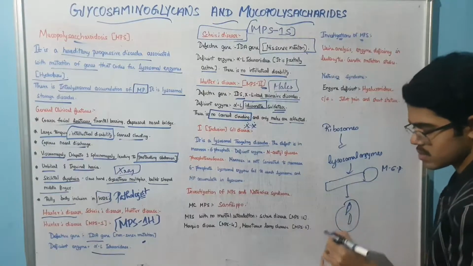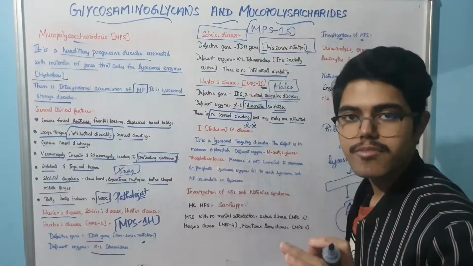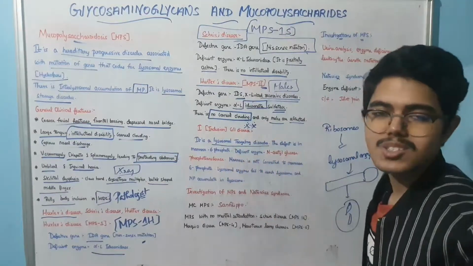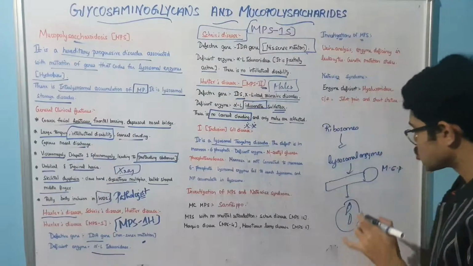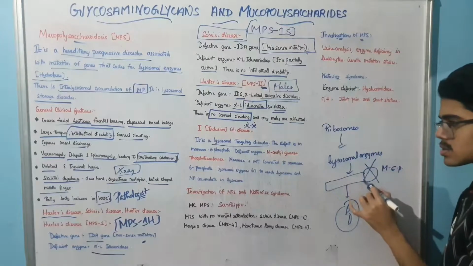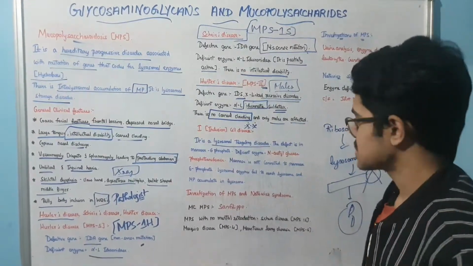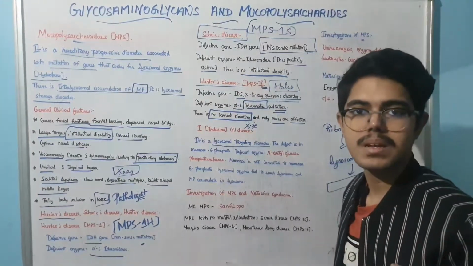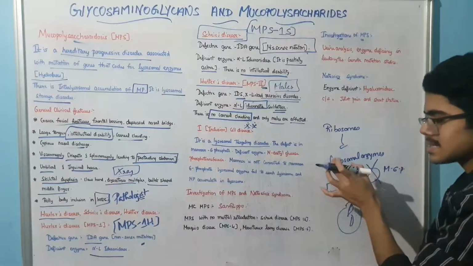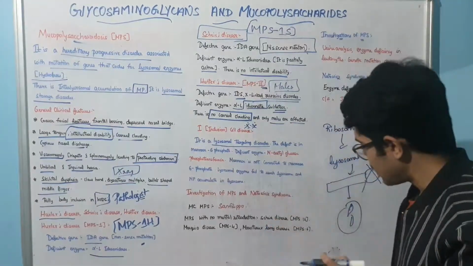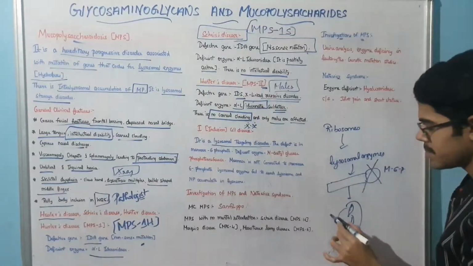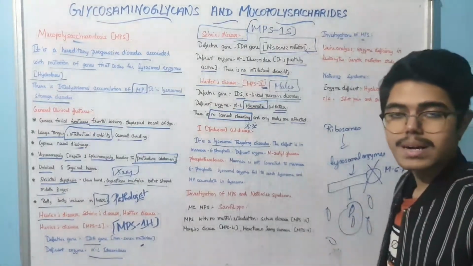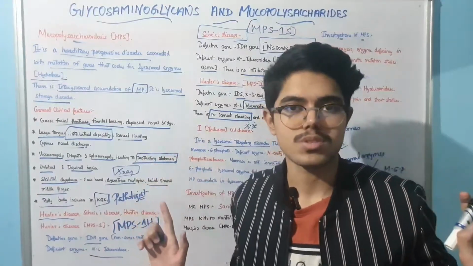This is a lysosomal targeting disorder. When there is no mannose 6 phosphate, your lysosomal enzymes will not enter the lysosomes. They will be staying outside.